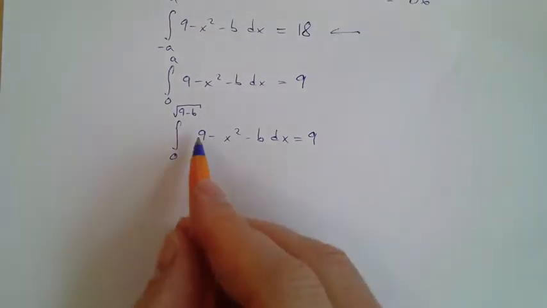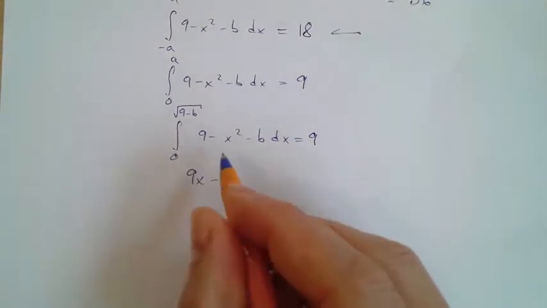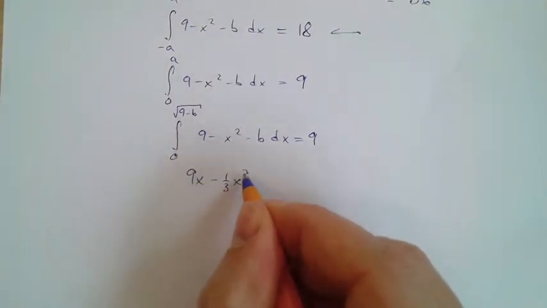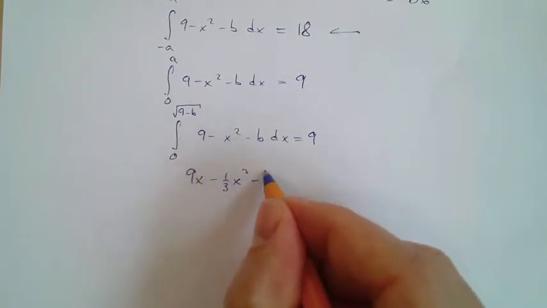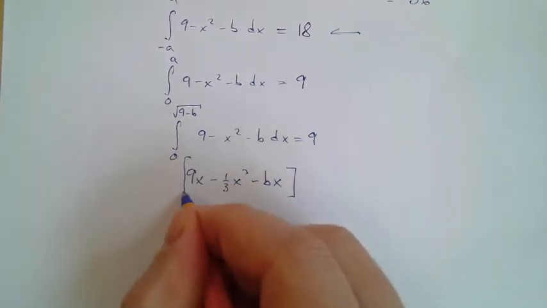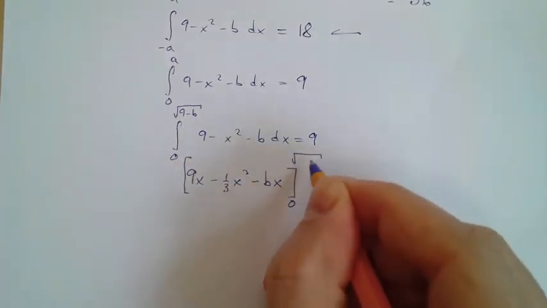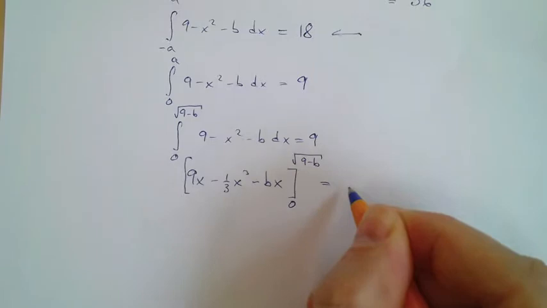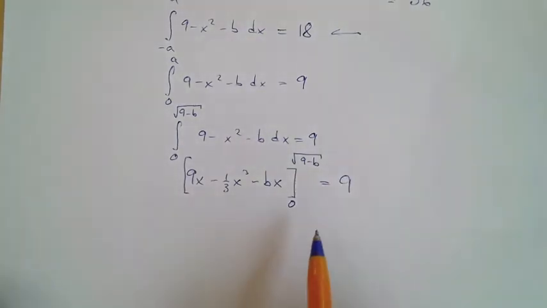So let's do that. The integral of 9 is 9x. The integral of x squared is 1/3 x cubed. The integral of b is negative bx. And we're going from 0 to the square root of 9 minus b, and this is equal to 9.